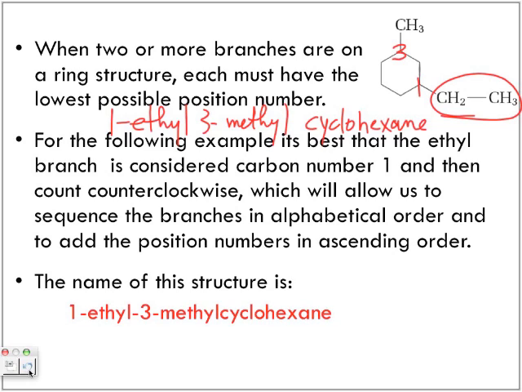So the name of this structure is 1-ethyl-3-methylcyclohexane. Notice how there are no hyphens or commas between the methyl and cyclohexane, because it's all letters. Remember, we put hyphens in between numbers and letters, or letters and numbers. But with the whole thing, we write it down as one complete word.